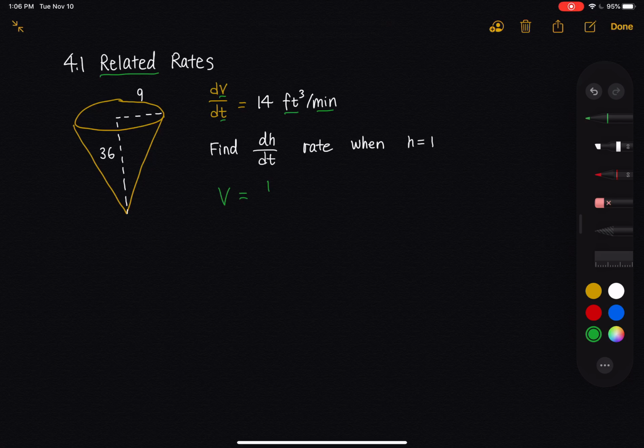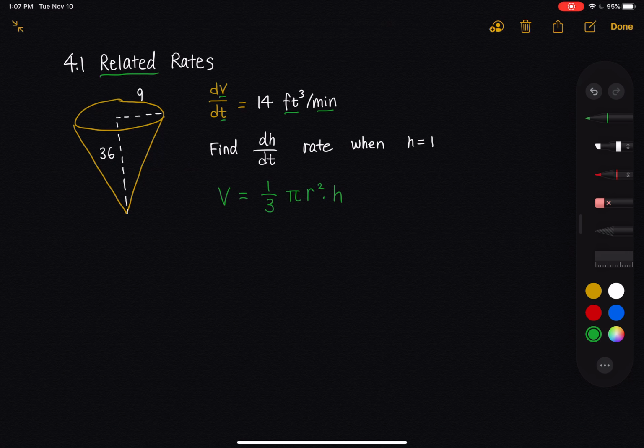Volume equals 1/3 pi r squared times h. Pi r squared is the area of the base, times the height. But because it's a cone, it's just 1/3 of a cylinder. So this is what we all know, okay?